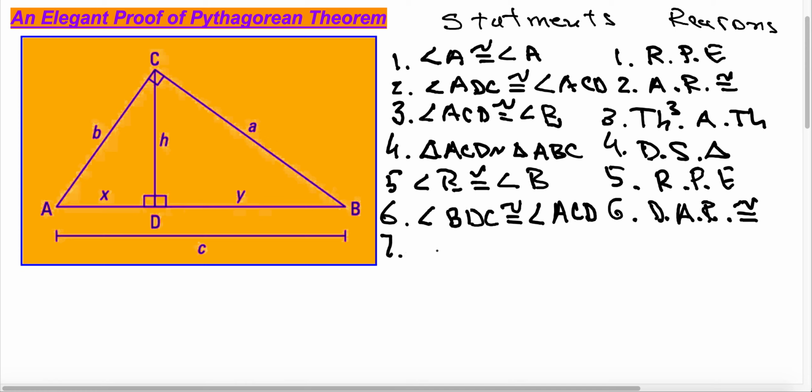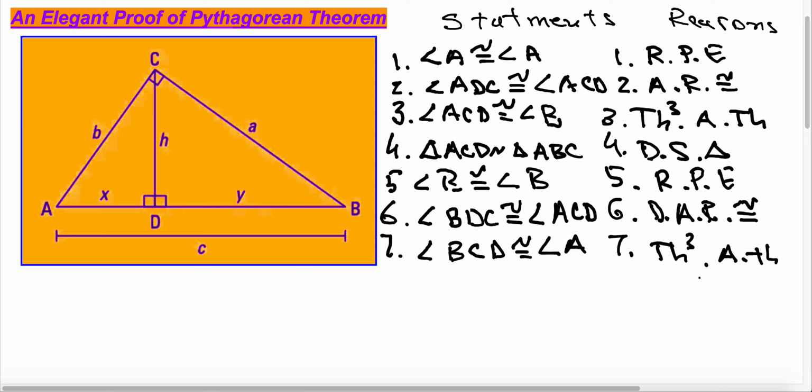Number 7, angle BCD, so this angle here, angle BCD, is congruent with the angle A, based on the third angle theorem.